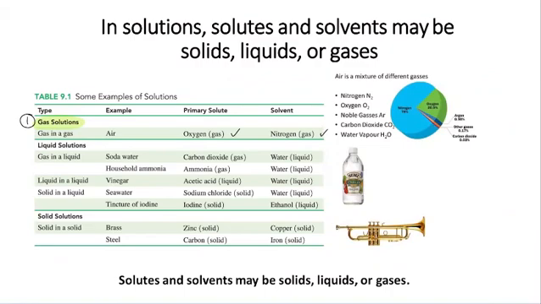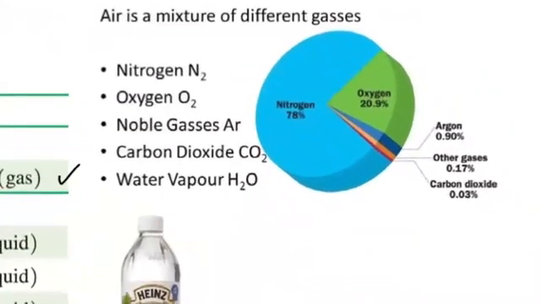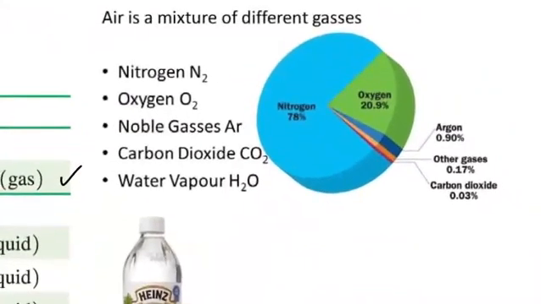So for example, air is an example of a gas solution, because when we look at air, and here I have a pie chart that illustrates the components of air, we can see that the majority of gas is actually nitrogen gas. There's 78% of it, okay?